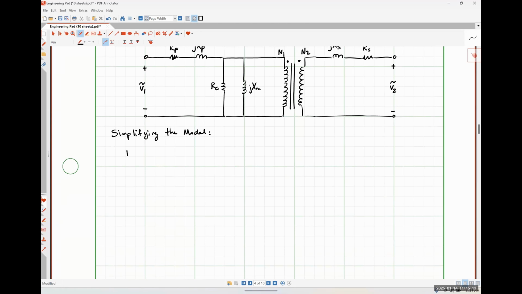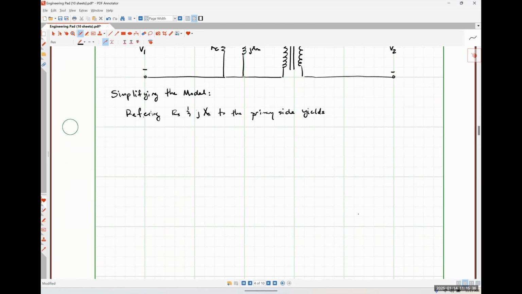So referring RS and jXS to the primary side yields the following circuit. So here's my terminal.